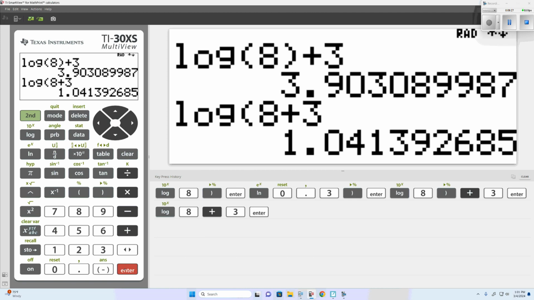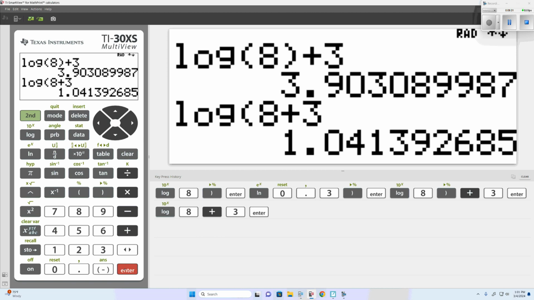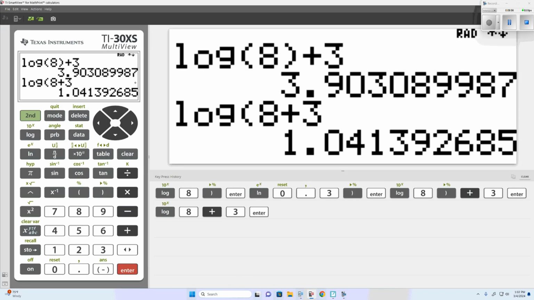So the way that it was written, log of 8 plus 3, it's the log of 8, then plus 3. The second one would be log, open parentheses, 8 plus 3, close parentheses, and it takes it as one quantity. So this would be 3.9031.